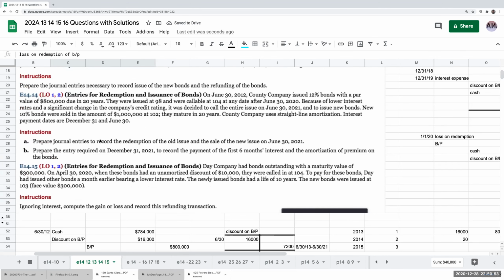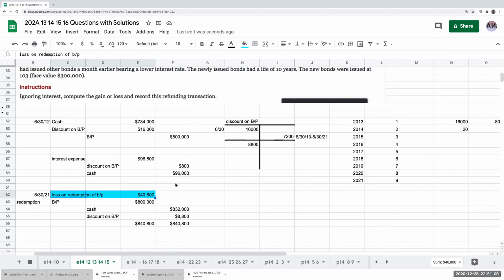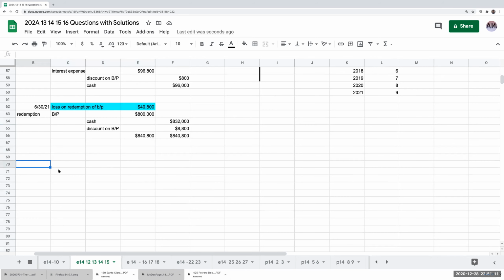Then over here, I issued new bonds. 10% bonds are sold, 1 million at 102, and they mature in 20 years. So on 6/30/21, I'm receiving cash.